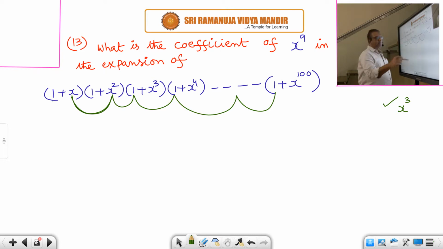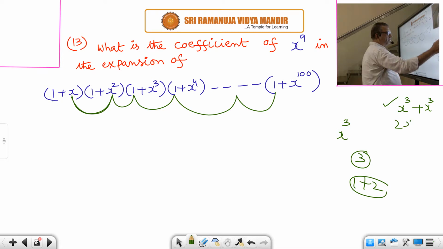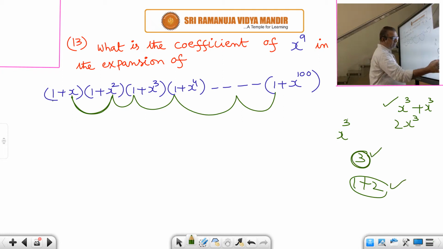So you get another x cube term. That's all. x cube means power 3. Power 3 can be written as 3, a single number, or 1 plus 2, two numbers. So 2x cube, meaning 2 is the coefficient. You cannot write it any other way. So 3 can be written as 3 or 1 plus 2 only.